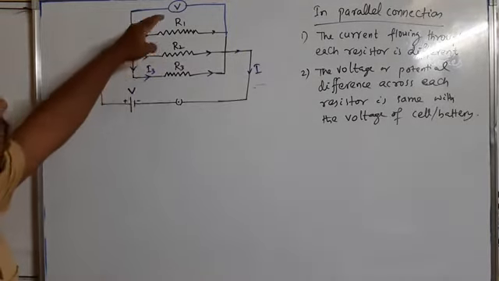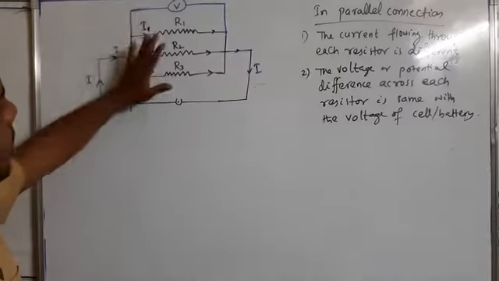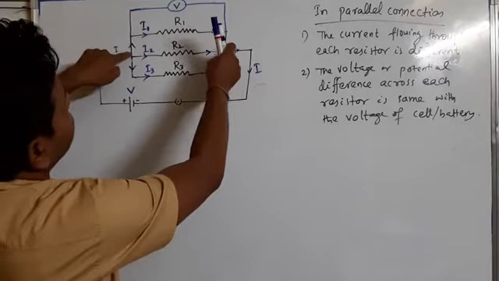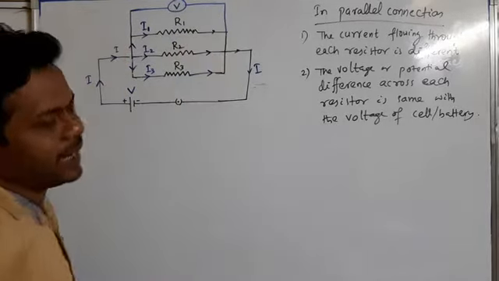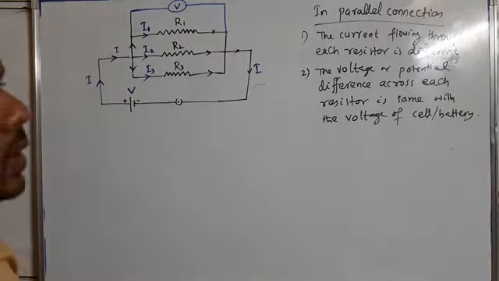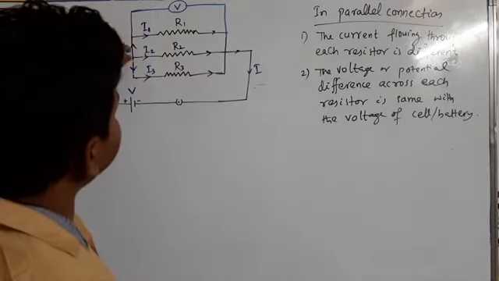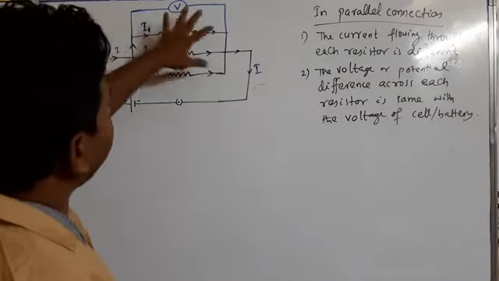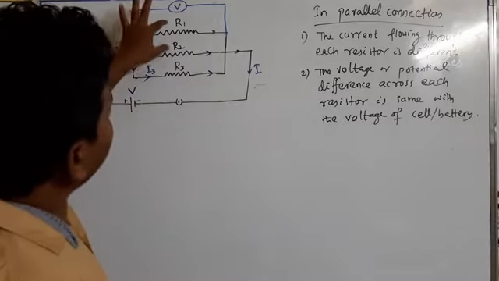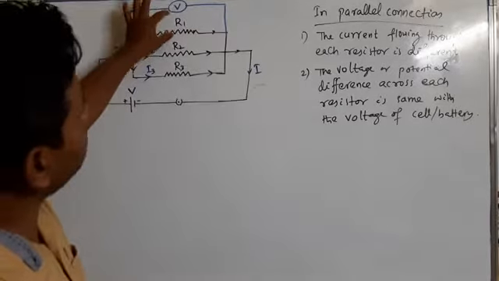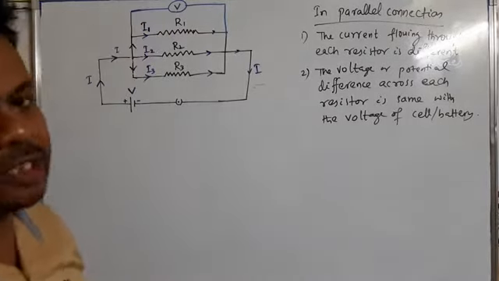Potential difference across each resistor will be same because the two ends of each resistor are connected at the same 2 points. So this voltmeter is connected between the same 2 points. Hence, the voltmeter reading of each individual resistance will be same.